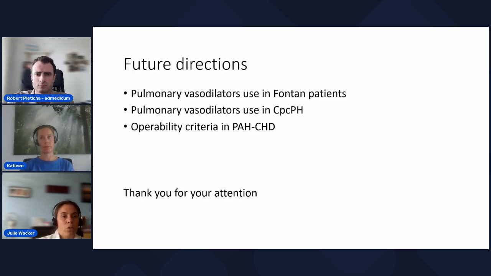But we really need to know if the pulmonary vasodilators can be of use in Fontan patients, if pulmonary vasodilators can be used in those left-sided heart diseases that also have a combined pre-capillary component, those that have a pulmonary vascular disease. And we need to better define the operability criteria in patients with an open shunt that comes a bit later than normal to us, to see if we can close the shunt safely, and if those patients can benefit in the longer term from a shunt closure.